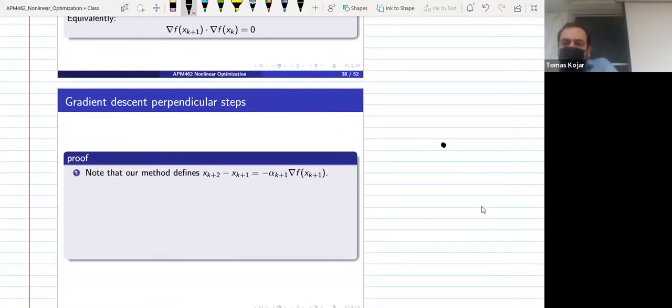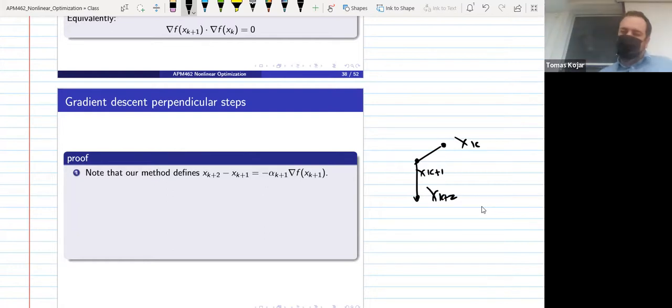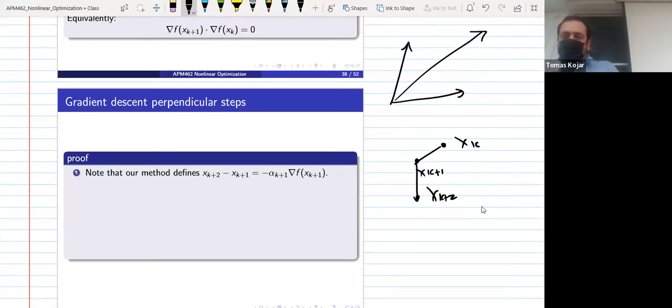We're trying to prove that once you go from xk to another guy, xk+1, and then to another guy, xk+2, the jumps are perpendicular. What's a good way to draw this? How do you draw differences? You have the sum, and then you have to reflect.